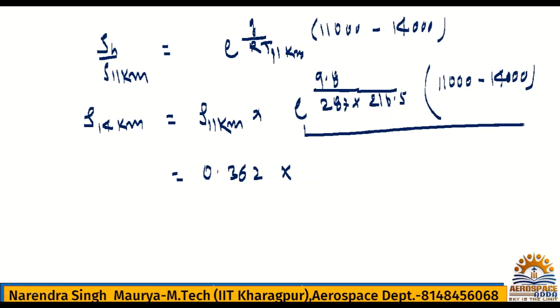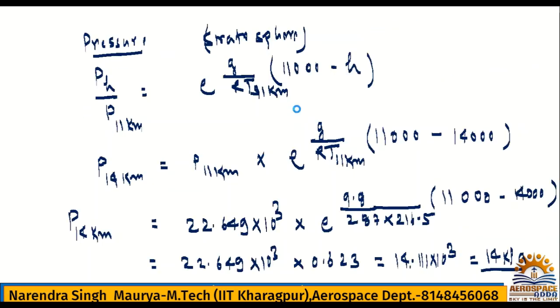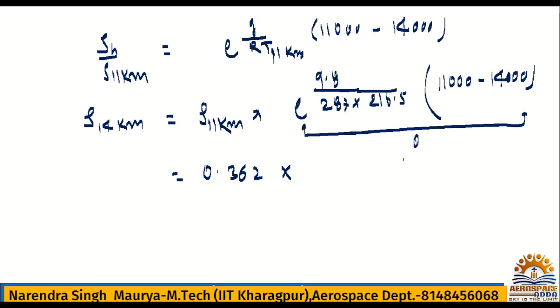The exponential term is the same as calculated previously for the pressure, 0.623. So 0.362 into 0.623 is 0.225 kg per cubic meter.